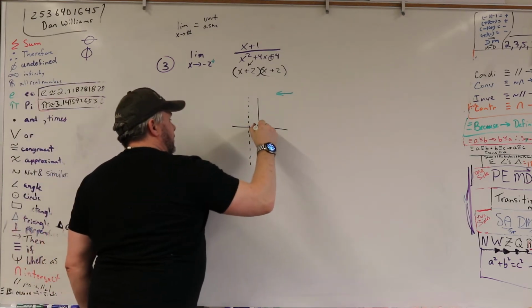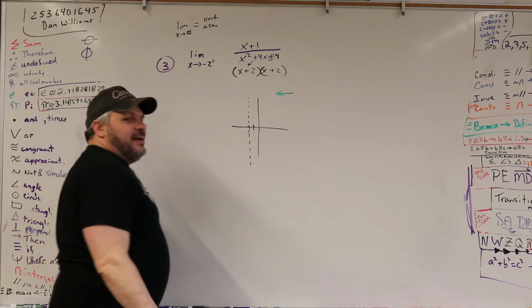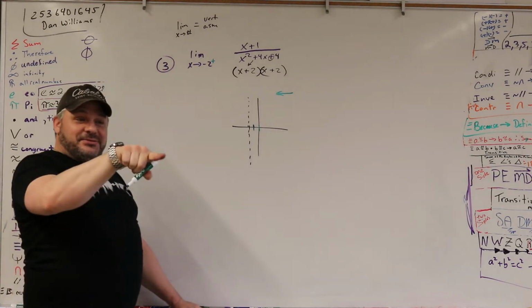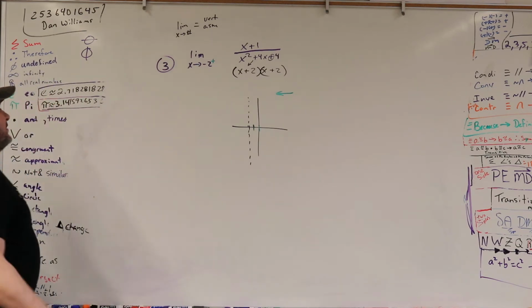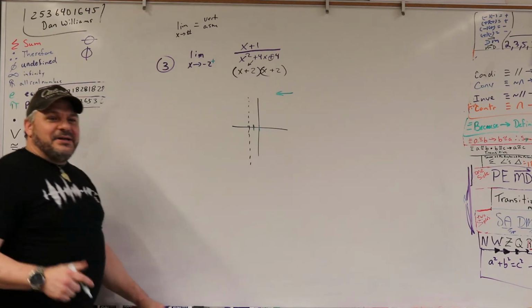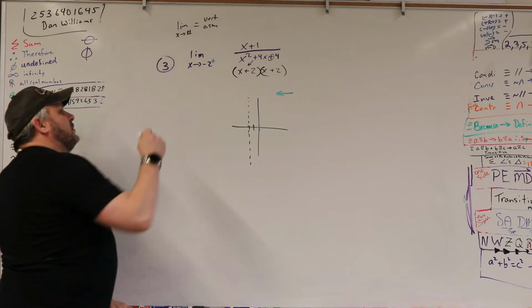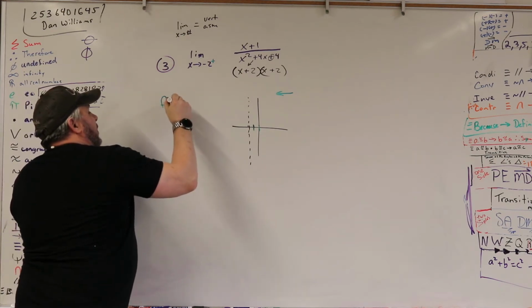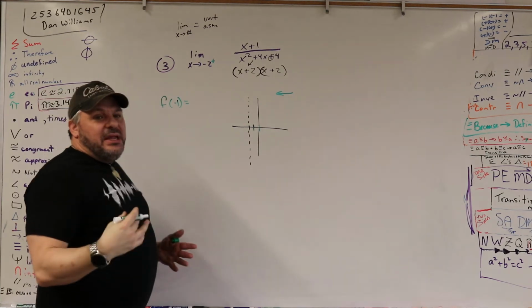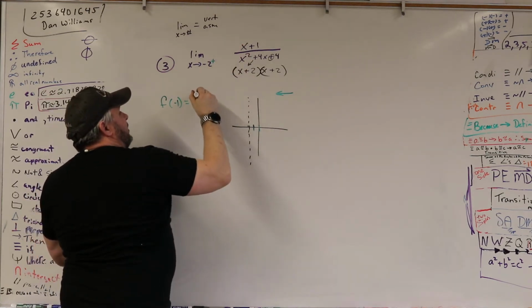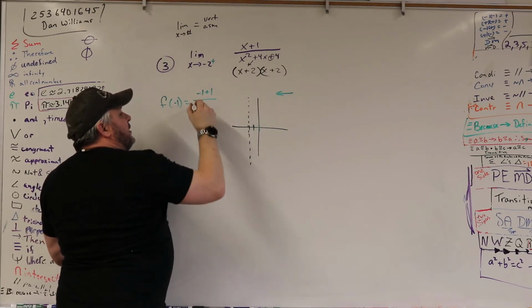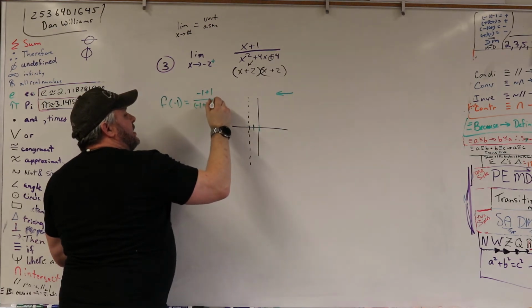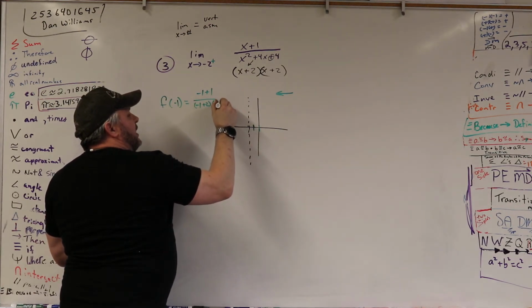A couple numbers on this side. -1 and 0. Two great numbers. So if I plug in f of -1, that would be -1 plus 1 on the top, divided by -1 plus 2 times -1 plus 2.